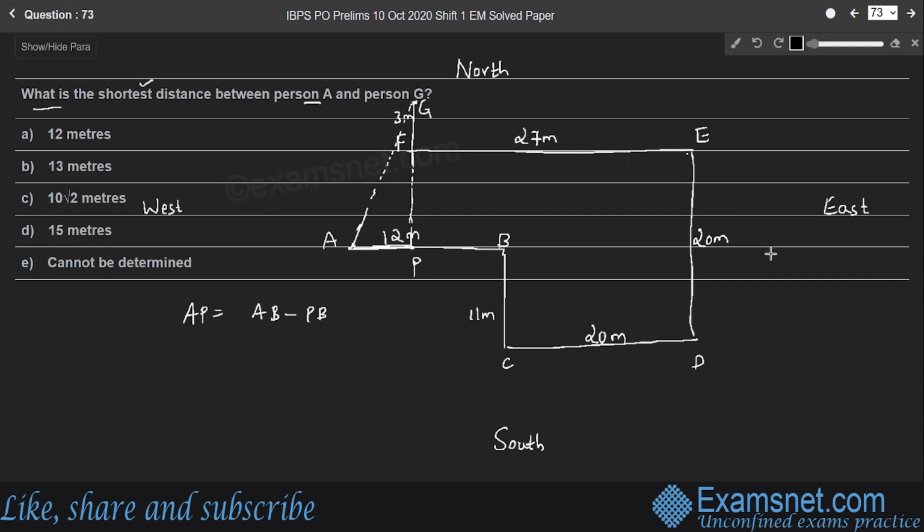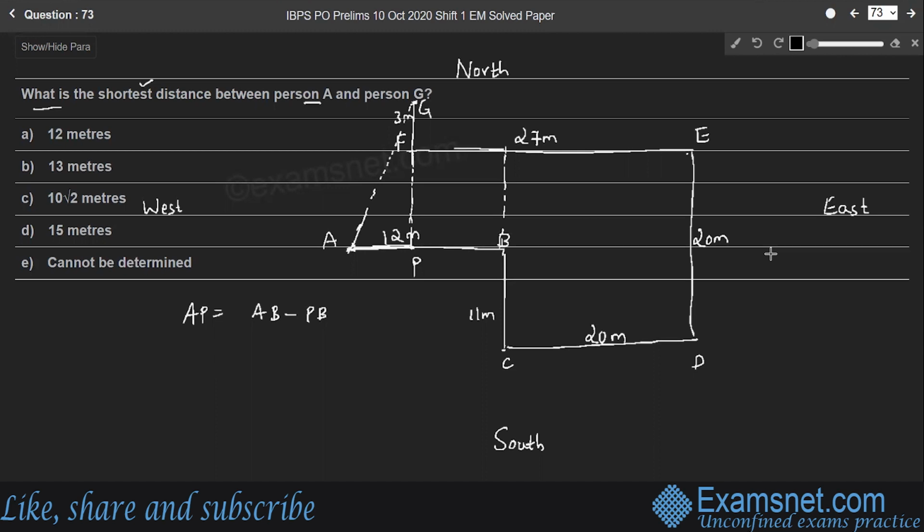For that, we need the CD distance, right? The complete CD distance is 20 and this distance is 27. FE distance is 27.